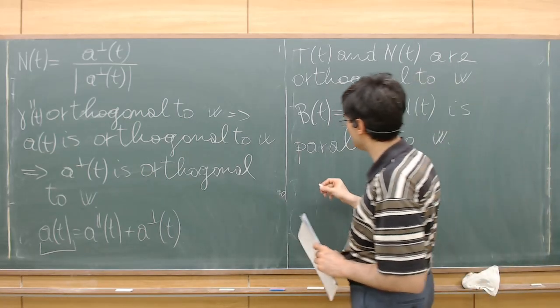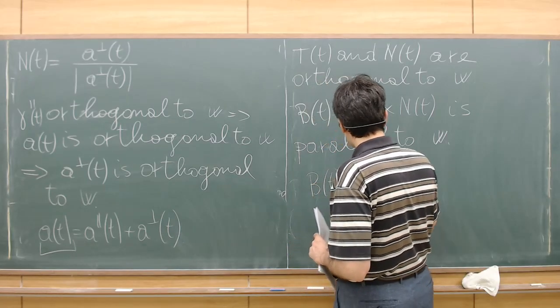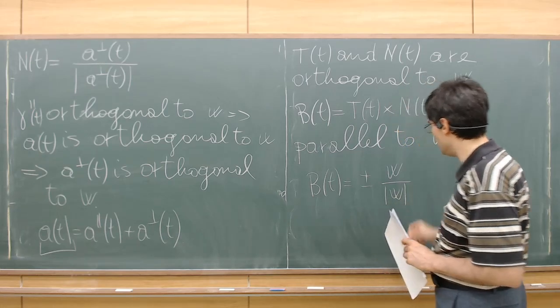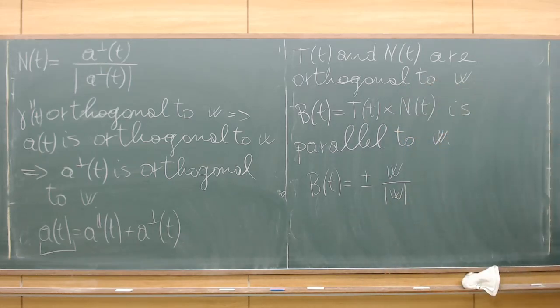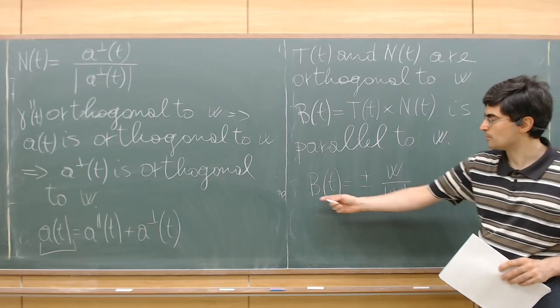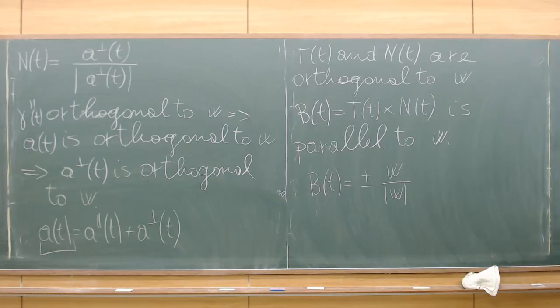So this means that there are only two possibilities, B(t) equal to plus or minus w over its length. The reason why we divide by the length of w is that B(t) must have unit length.